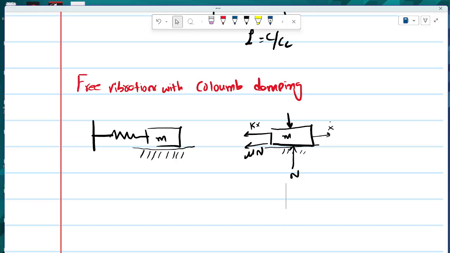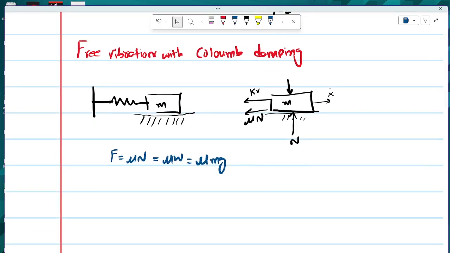Now we know that the friction force in this case is F equals mu N, and because the normal force is equal to the weight, that equals mass times the acceleration due to gravity. From here we can derive the equation of motion: m x double dot plus kx plus mu N equals 0.